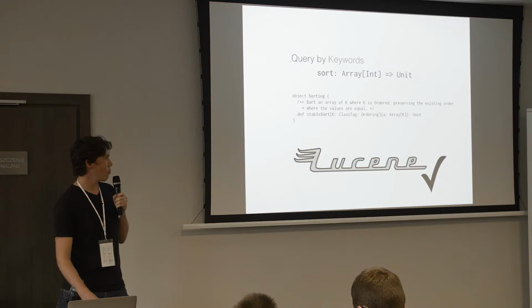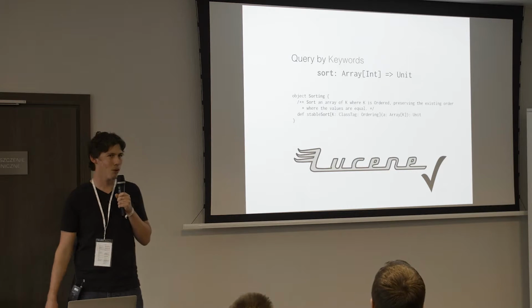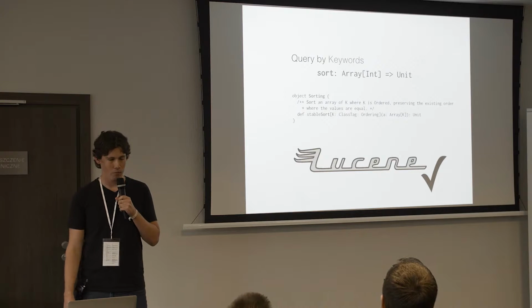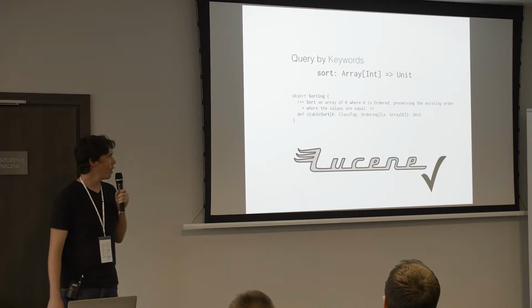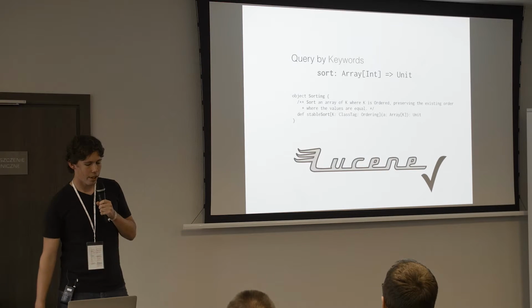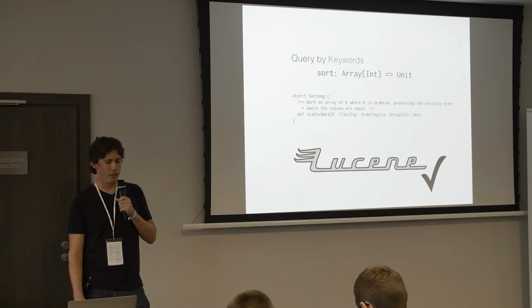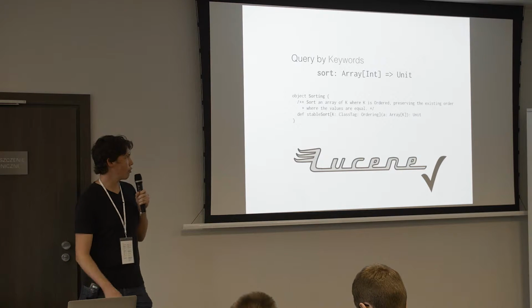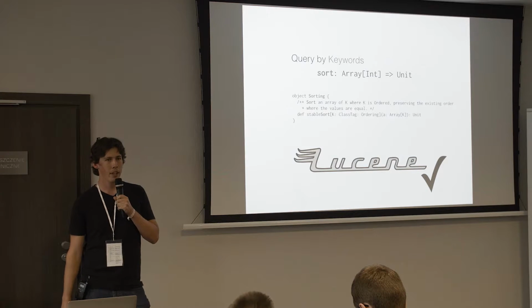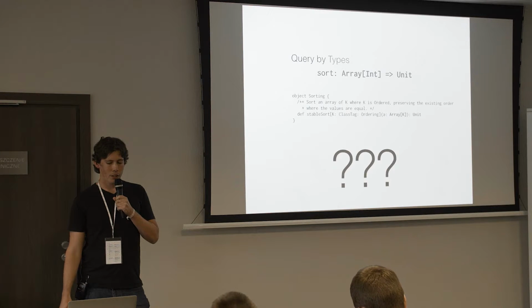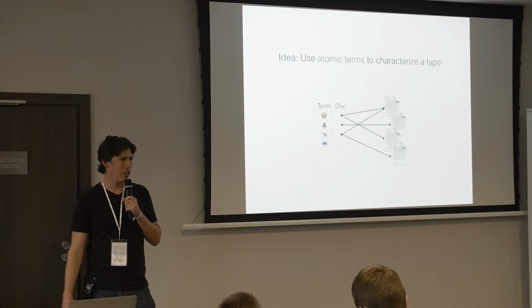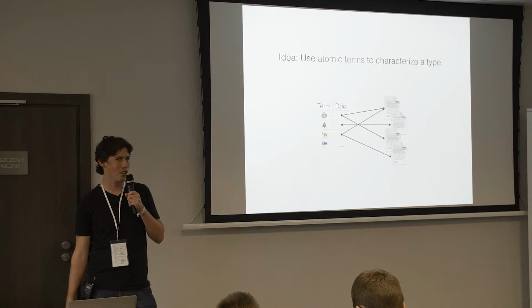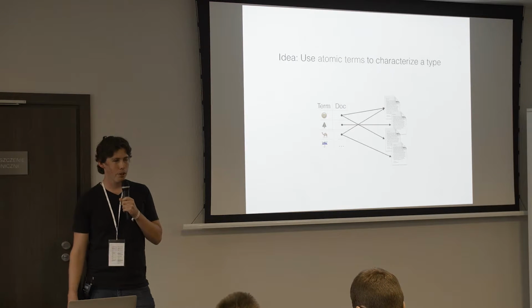Well, the first part about the keywords is pretty easy. We already have a good tool that takes care of it. I use Lucene. It takes care of the stemming of the words, and so sort will match sorting or sorted or whatever. And yeah, what do we do about types? The basic idea is that we use a technique that is familiar from all the search engines.